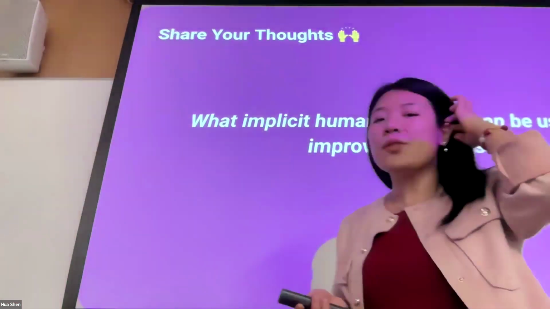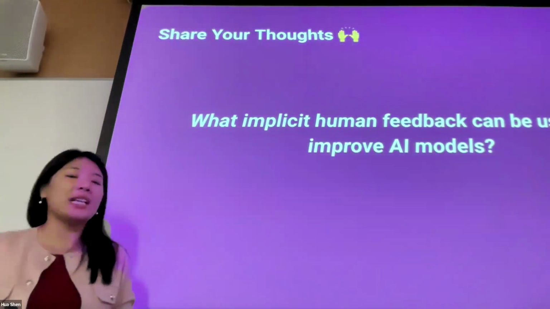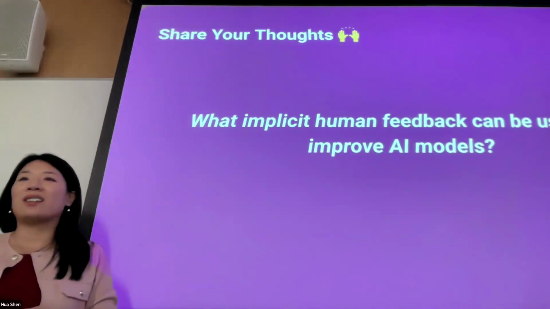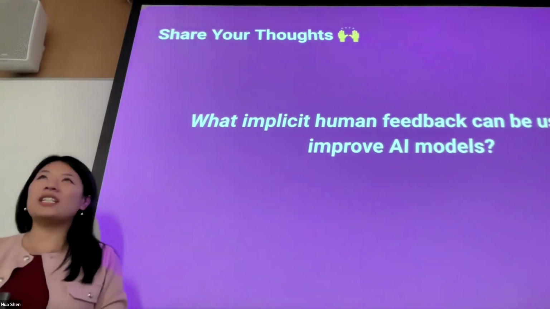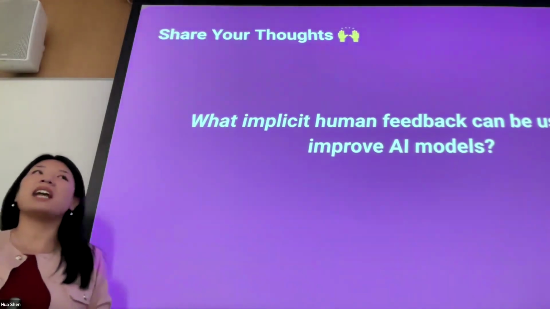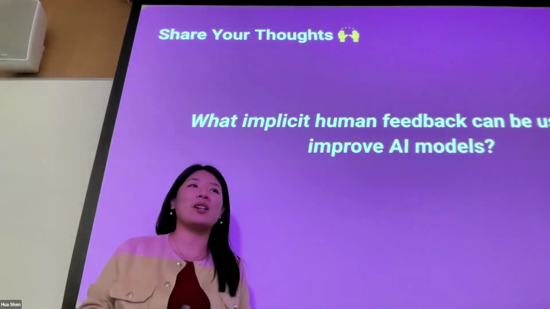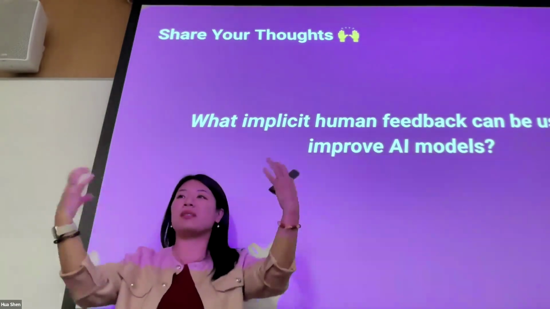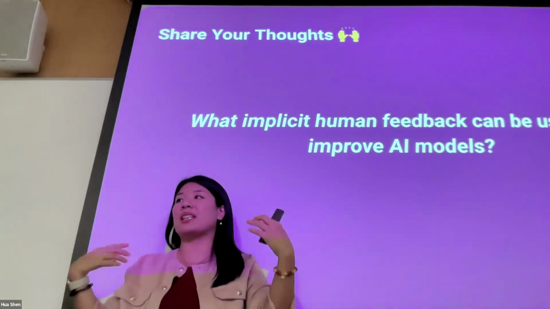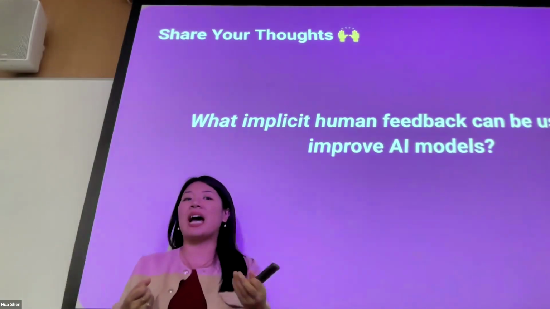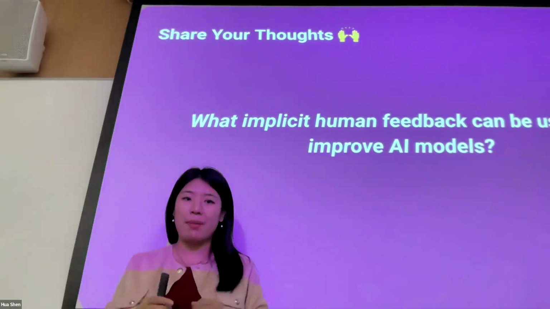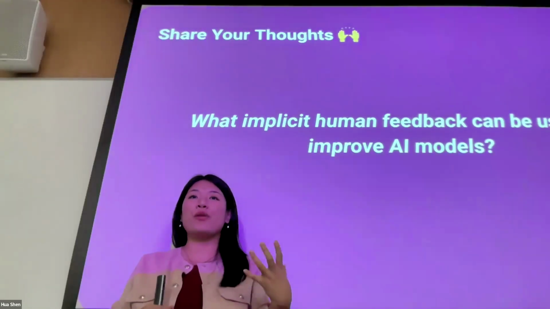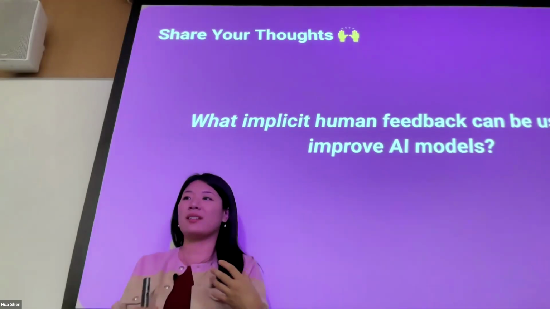First of all, I want to elicit your thoughts about what implicit human feedback can be used to improve AI models. Imagine you're interacting with an LLM every day. The LLM basically just uses all the prompts, the text directly from you, to do the improvement or interaction. Are there any cases where implicit human feedback is also valuable but ignored?